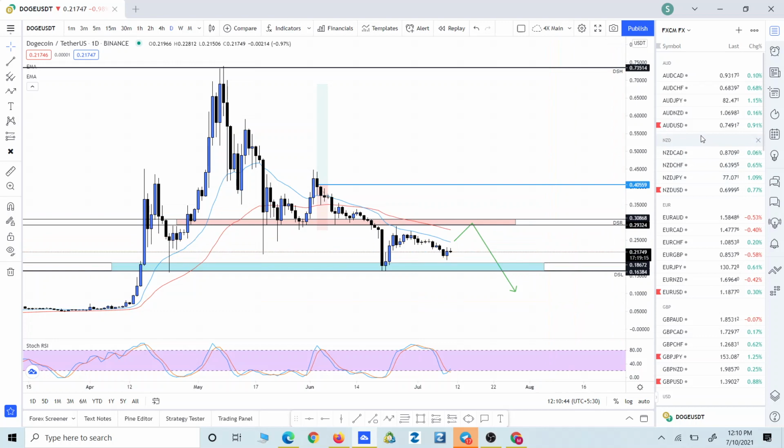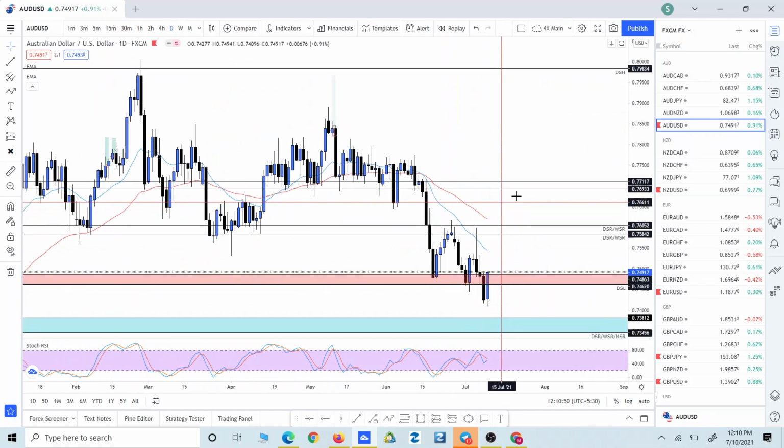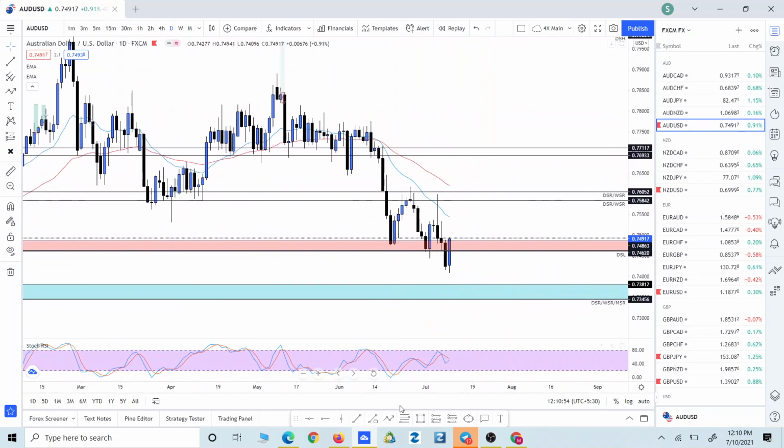So let's start with the AUDUSD first, Forex pairs. So as we can see in this video, we are continuously making lower low and lower high. Starting from here, we made a new low which closes below this previous low.